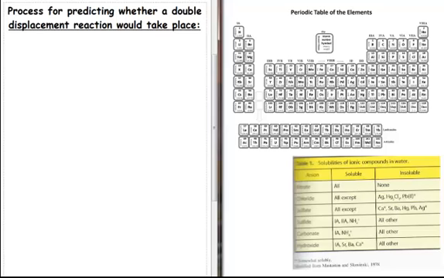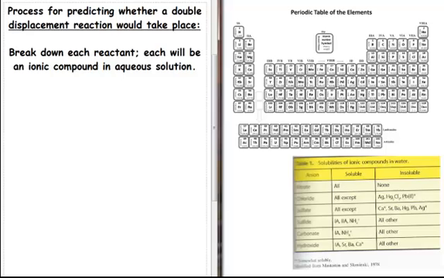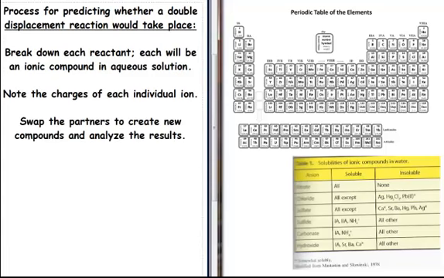You're going to be given 2 reactants. First, break down each of those reactants. Each is going to be an ionic compound in aqueous solution. Note the charges of each individual ion. Then swap the partners from the 2 compounds to create new compounds and analyze those results.